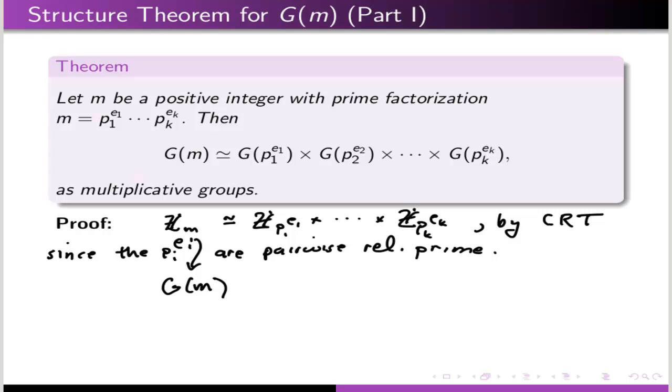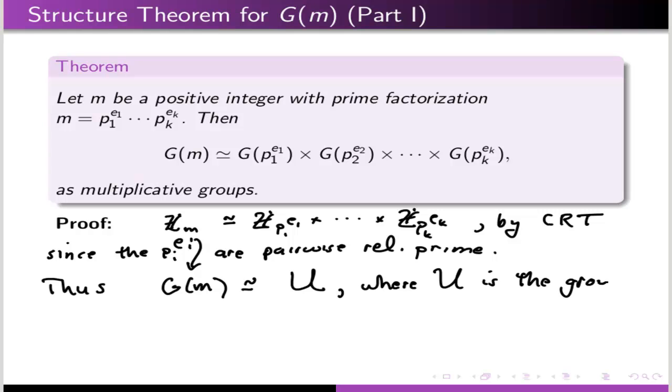And sitting inside of this, there is another group, let's call it U. So thus, the group of units on the left-hand side is isomorphic to the group of units on the right-hand side, where capital U is the group of units in this Cartesian product ring, Z mod p1 to the e1 cross Z mod pk to the ek.